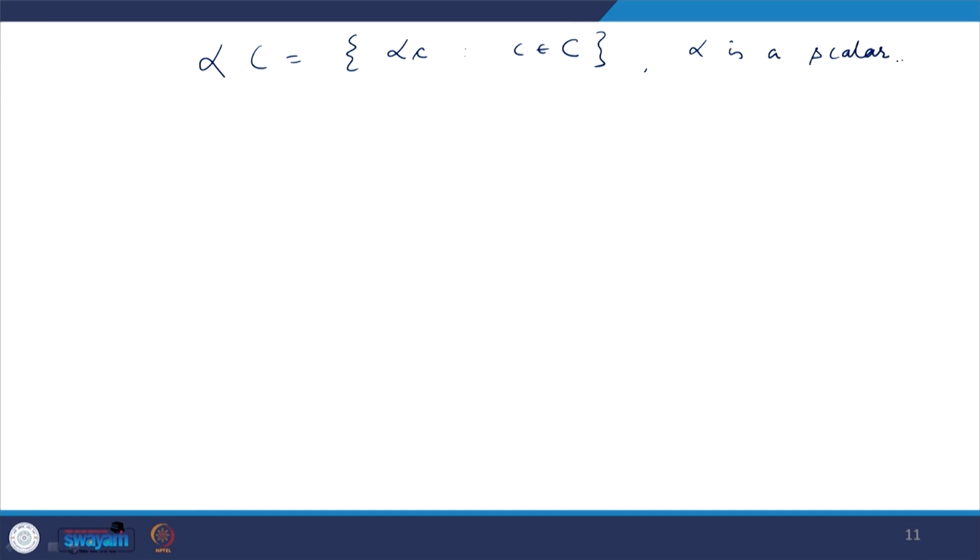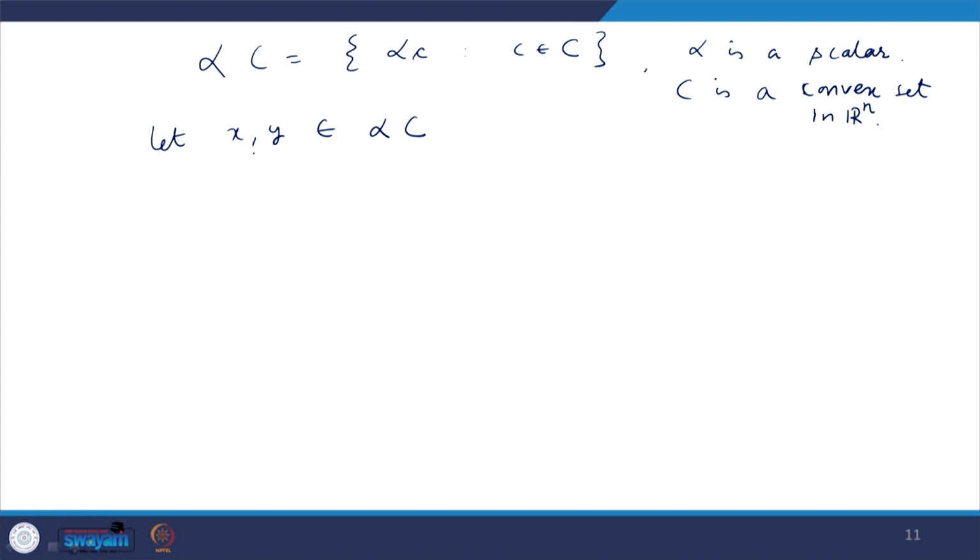Okay. So, here it is given to us that C is a convex set in Rn. And you have to show that alpha C is also convex. So, again you have to take two arbitrary points in this set, let x and y belong to alpha C, and we have to show that the convex linear combination of these two points is also in the same set.